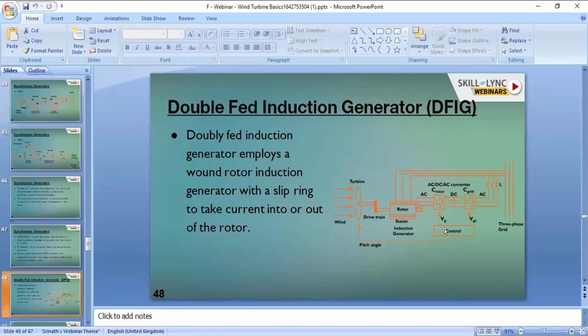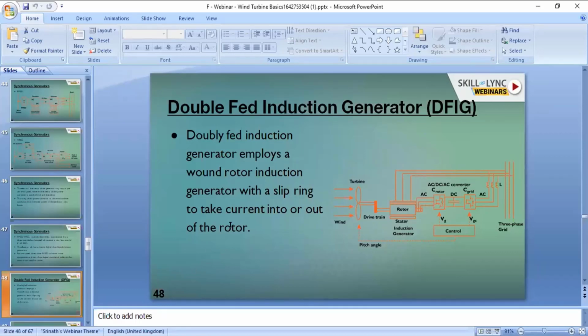It should control all the 2 megawatt power. But in this case, only 30% of the power is handled by the rotor, and 70% is handled by the stator. Since the stator is directly connected to the grid, this does not require any power electronics or AC to DC converter.